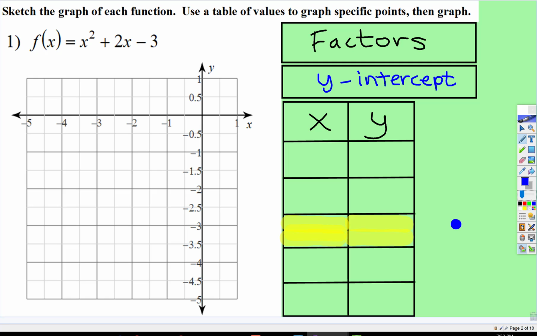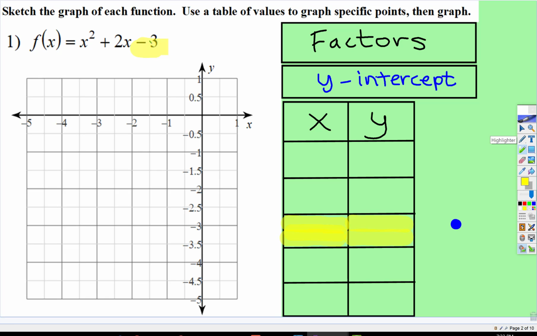All right, let's try a specific one. So sketch the graph of each function. If you need to, use a table of values to graph specific points. Well, here we have a function. The first thing that you could ask yourself, does it have any factors? Can you factor this function? Because sometimes that's easy. And also, where would the y-intercept be?